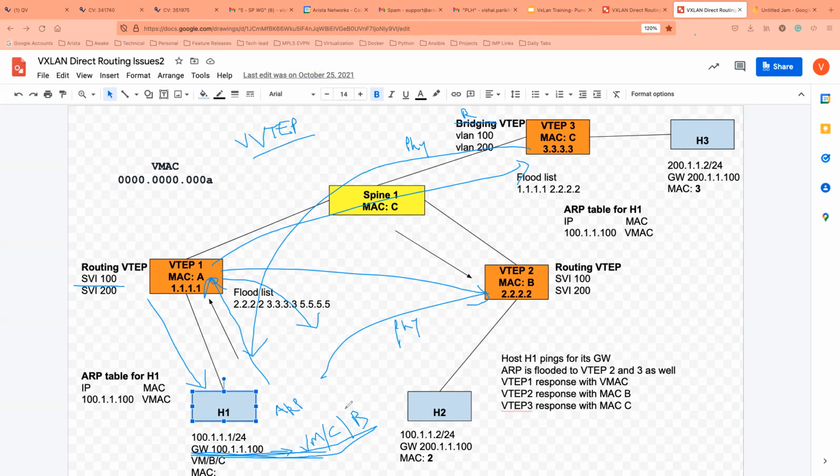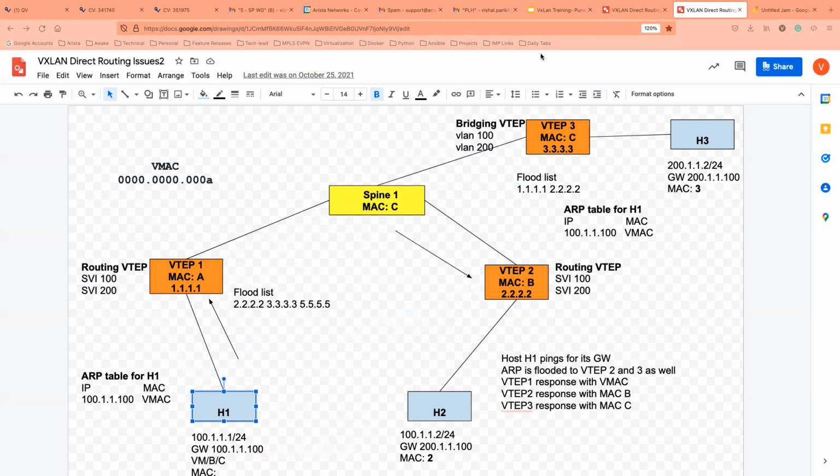Is it clear? Yeah. Another issue, which I believe Ajay pointed out, is that this ARP request will obviously get the ARP reply, but all the other VTEPs will also unnecessarily reply back. If there are 50 VTEPs, all will send out replies.